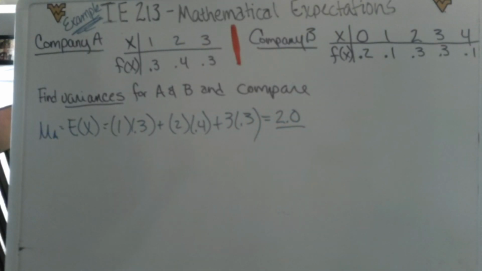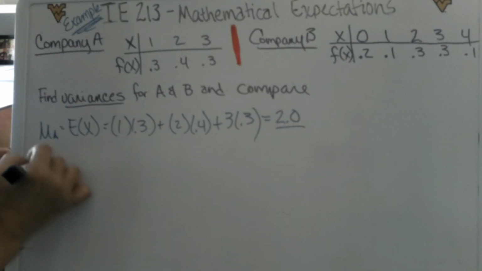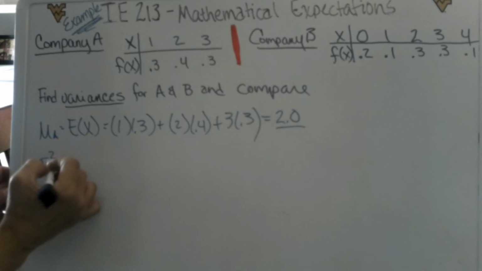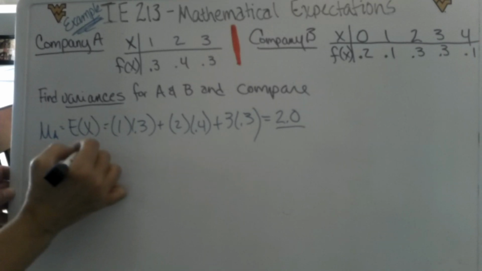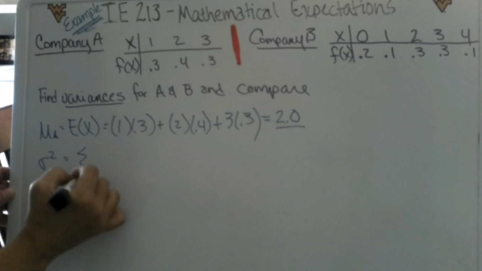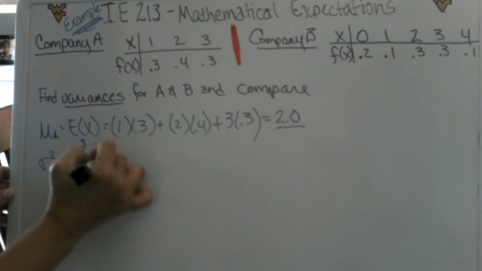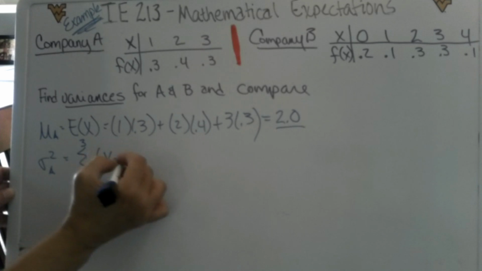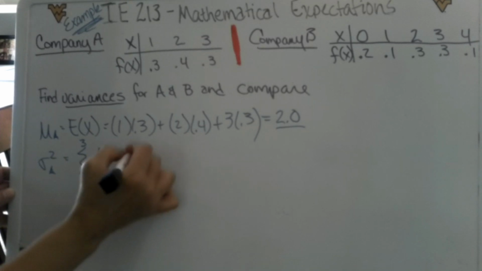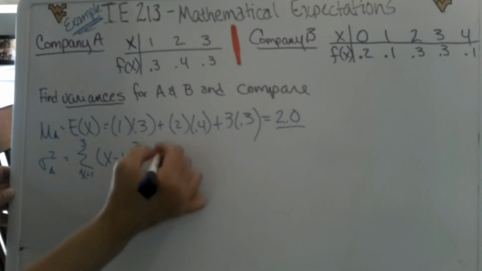And then we're going to find the variance of A, sigma square A, and that is equal to the sum of x from 1 to 3 of (x minus 2) square. And 2 is the mu.